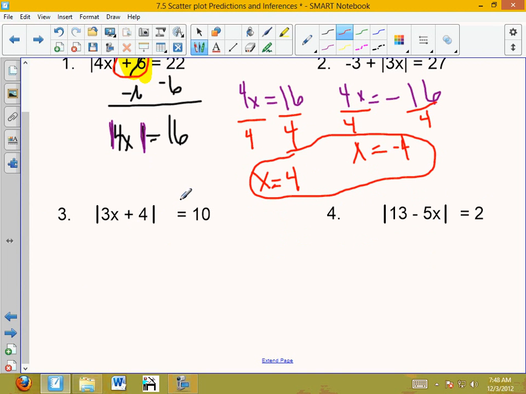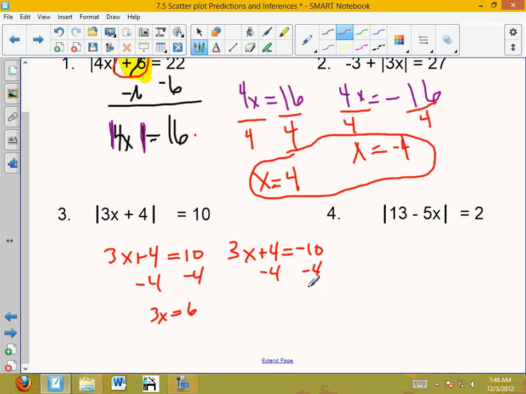Number 3, nothing's outside of my absolute value. So on number 3, I just go 3x plus 4 equals 10. 3x plus 4 equals negative 10. Subtract 4. 3x equals 6. Subtract 4. 3x equals negative 14.